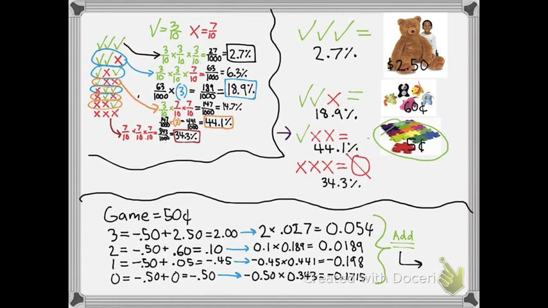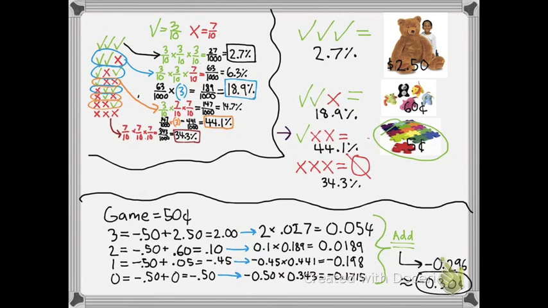Once you add these all together, the answer that you should get is negative 0.296, which is about equal to negative 30 cents, meaning that you will lose approximately 30 cents by playing this game every time you play.